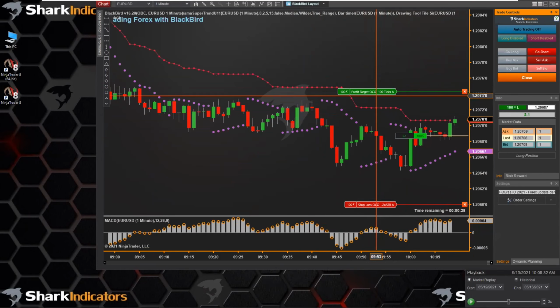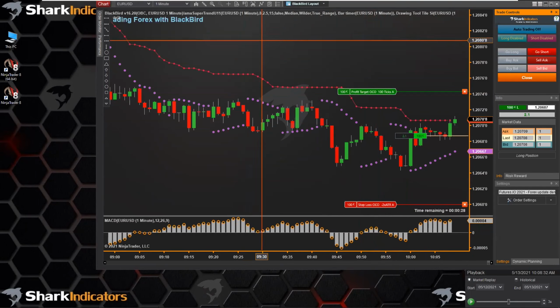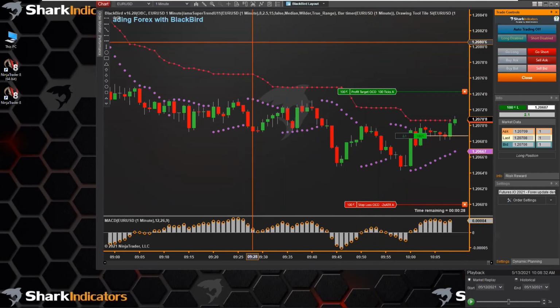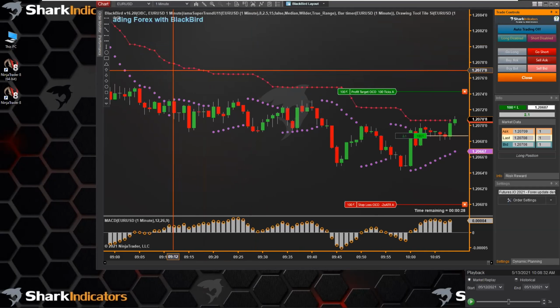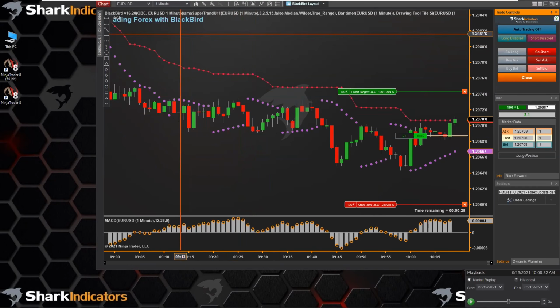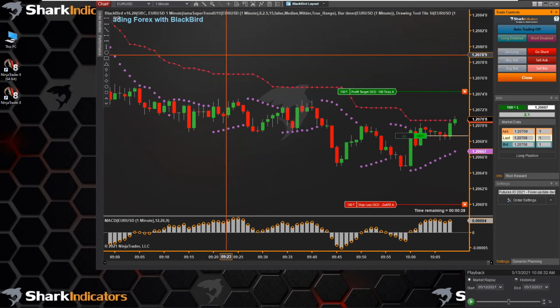And the same thing for the entry orders as well. Entry orders can also follow an indicator. So for example, if you trade off of a moving average, like if you like to take bounce trades off of a moving average, I don't have any moving averages on my chart, but you could tie your entry order to following that moving average.